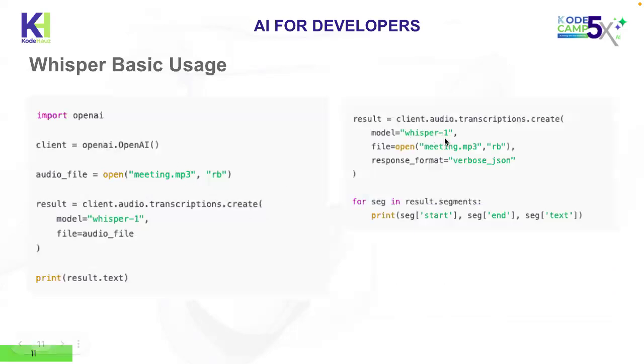You can use Whisper via the OpenAI transcription API, right? So we're going to do a bit of this, right? You will have to open an audio file. So you have to have an audio file that you have recorded and you upload, right?